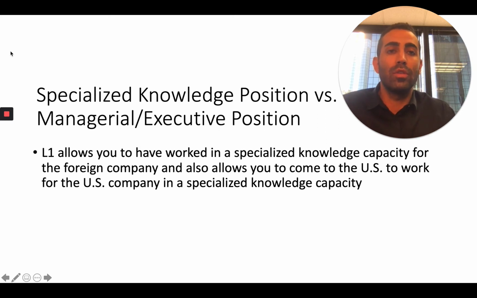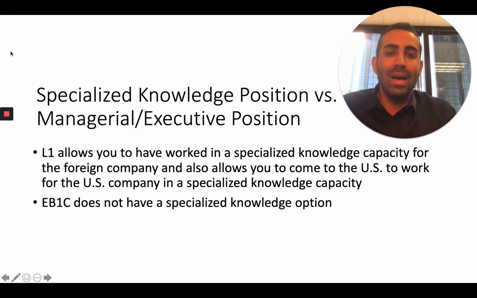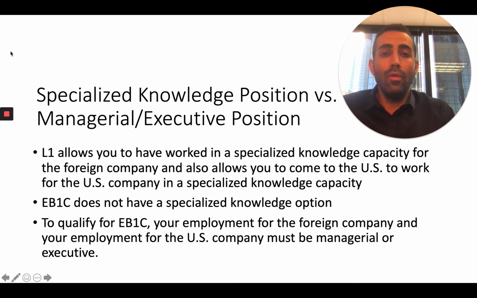L1 allows for specialized knowledge employment, both with the foreign company and the US company. However, EB1C does not have a specialized knowledge option. To qualify for EB1C, your employment for the foreign company and your employment for the US company must have been in a managerial or executive capacity. Specialized knowledge does not qualify under EB1C.